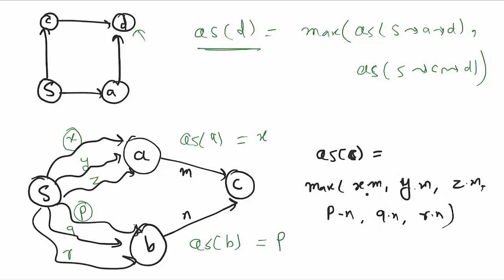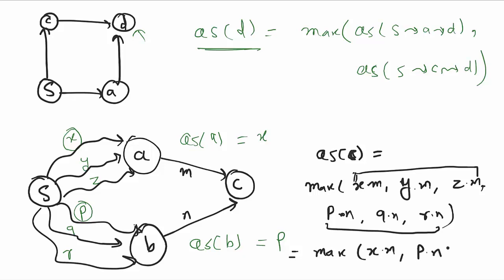Now, you see that if I try to find the maximum, then obviously among these three, P into N is the maximum, and similarly among these three, X into M is the maximum, right? So I can say that this is equal to the maximum of X into M, comma P into N. We just need to compare X into M and P into N, because among these three, if I ask them to fight, then obviously X into M will win.